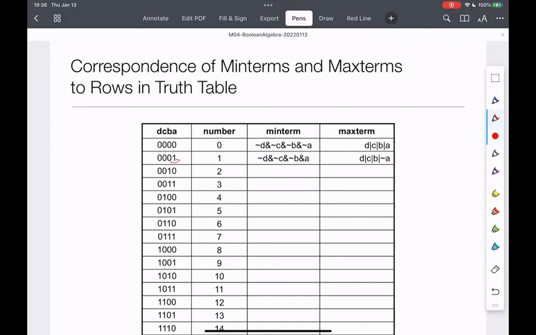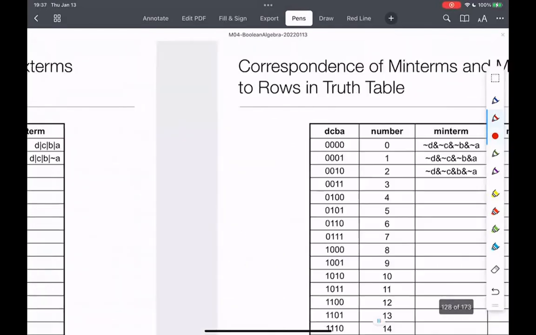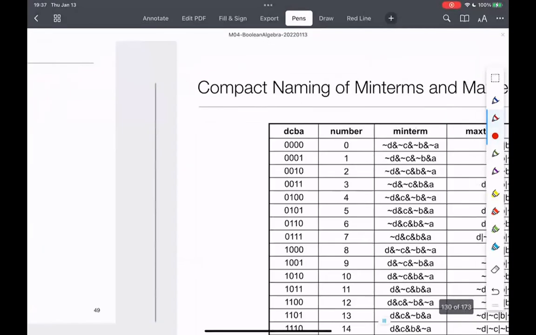So that's the corresponding maxterm. Again, we put the minterm which will give a 1 for the bit pattern of that row, and we put the maxterm which will give a 0 for that bit pattern. I'll go through the whole table.